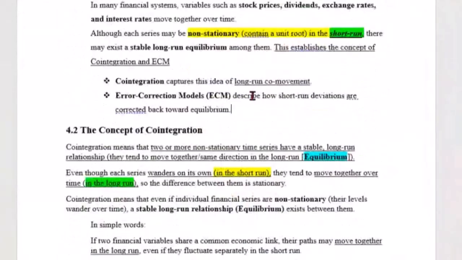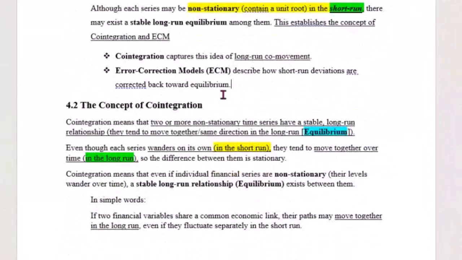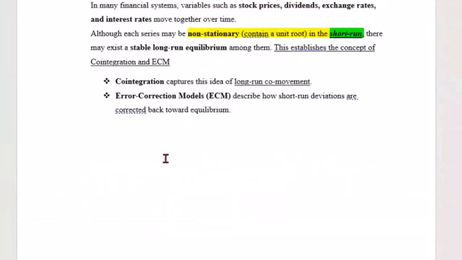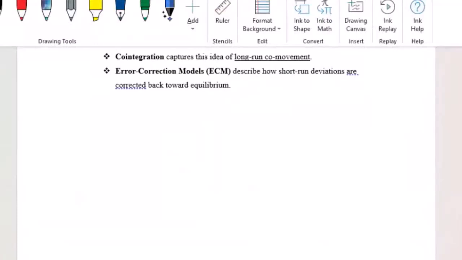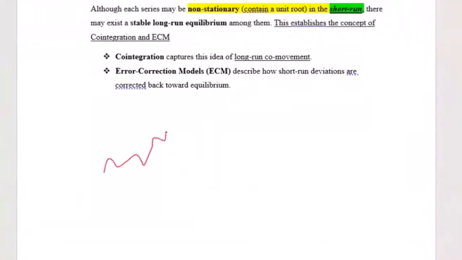Before we even go to the concept of cointegration, I want to explain something here. We may have 2 series or 2 variables, and one variable may be moving like this. Let's assume that one is stock. Then we have another variable which moves like this.